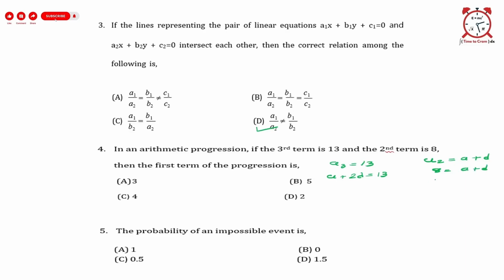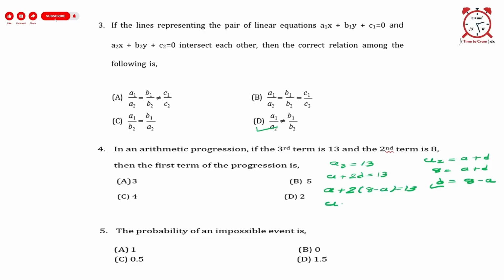From this equation, we will make the subject D, then D equal to 8 minus A. This value of D we will keep in this equation. We will substitute here. So, A plus 2 into bracket D equal to 8 minus A equal to 13. So, let us solve this equation.